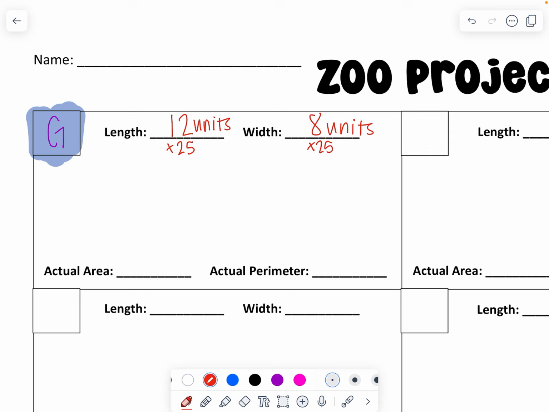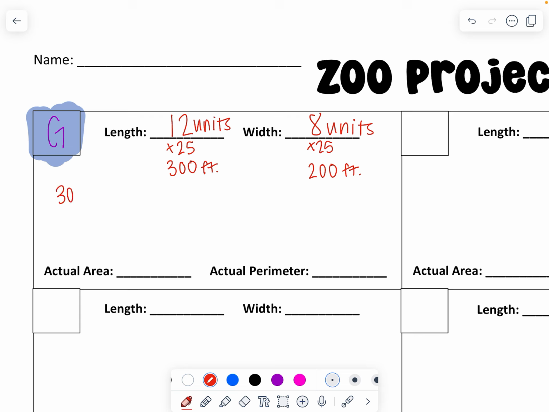And so I would do 12 times 25, and I would get 300. And then for the width, I would do 8 times 25, and that would be 200. So that means in real life, the length of the enclosure would be 300 feet, and the width would be 200 feet. So now, to find my actual area, remember, to find area, you do length times width of a rectangle.